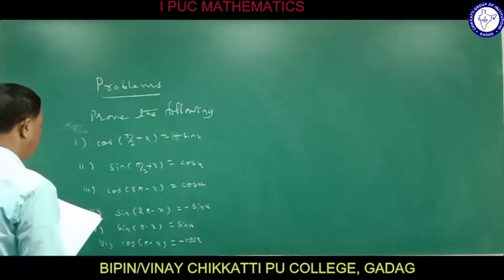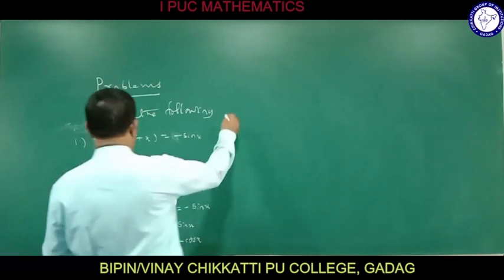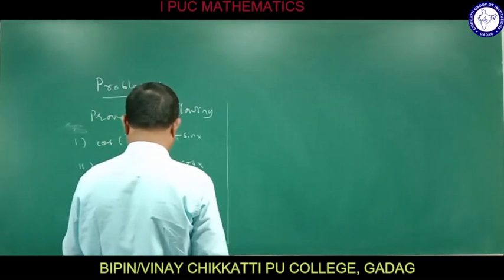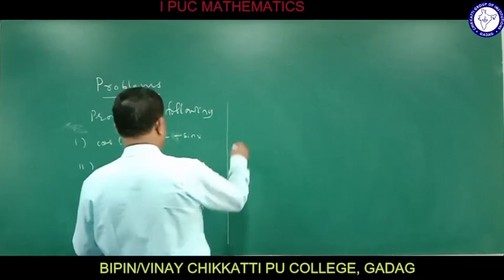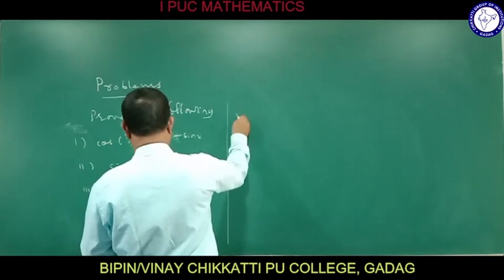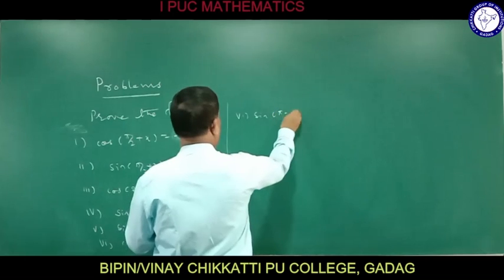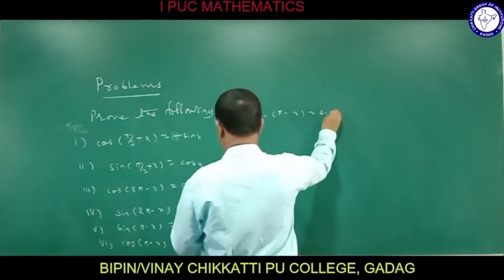And you have to go for pi plus x also. One can see that sin of minus x is equal to minus sin x.